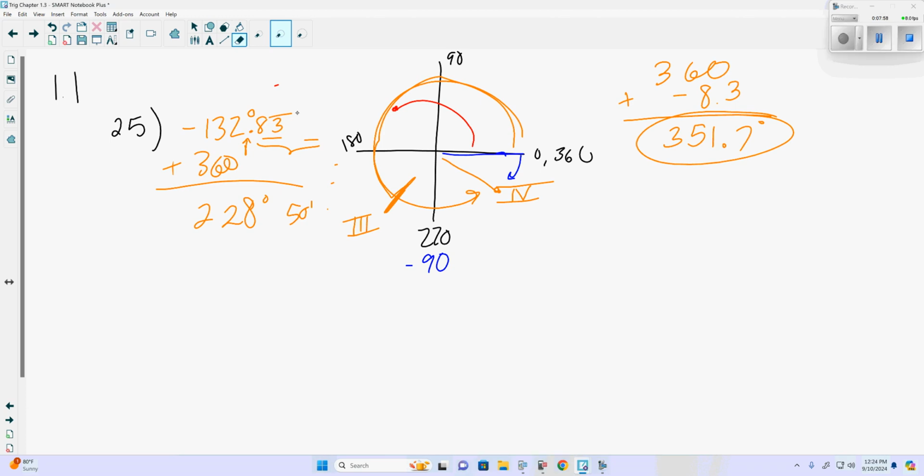So instead of 228, it's going to be 227.16 repeated, which isn't going to take us away from where we're at. We're still in the third quadrant. Does that make sense? So for some of these, finding the quadrants is easier just to get it between 0 and 360, 0 and 2 pi, and figure out where it lands. Whereas if you want to convert from radians to degrees, it might make it easier to work with.